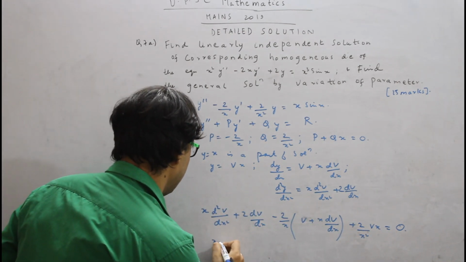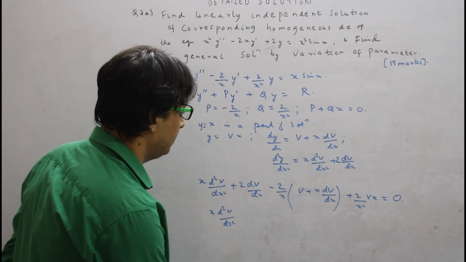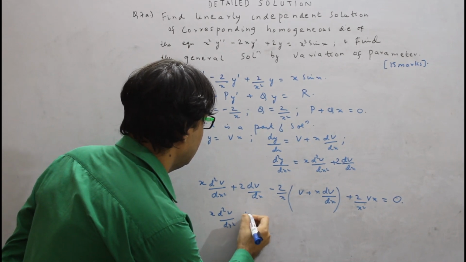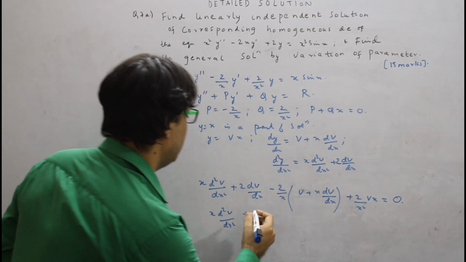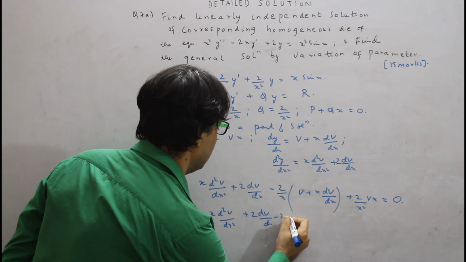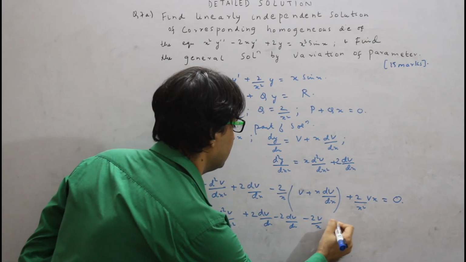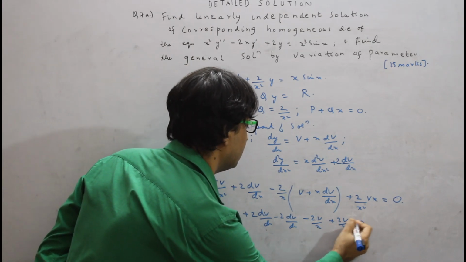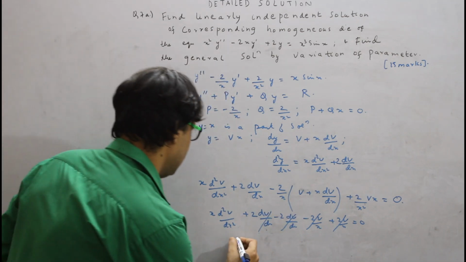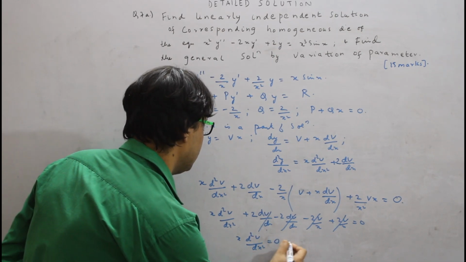So we get x d square v by dx square. We can see here that 2 dv by dx, and this one is 2 dv by dx, and this is minus v by x, this is 2v of x. So this one and this one get cancelled.